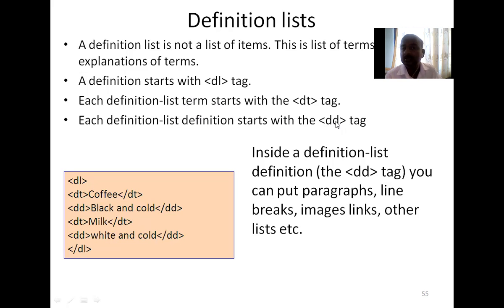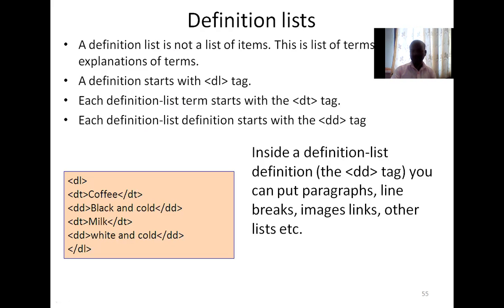See these different tags: OL for ordered list, UL for unordered list, DL for definition list, DT for definition term, and DD for definition description.